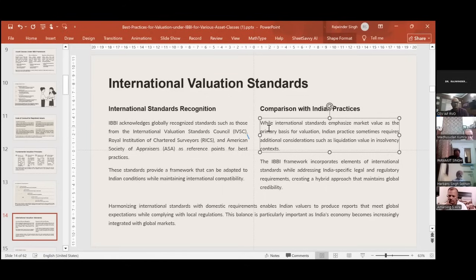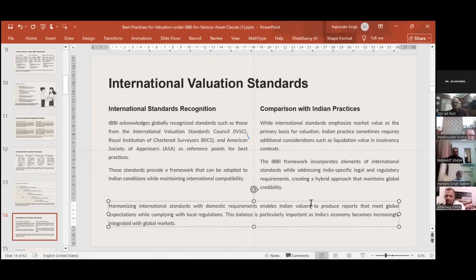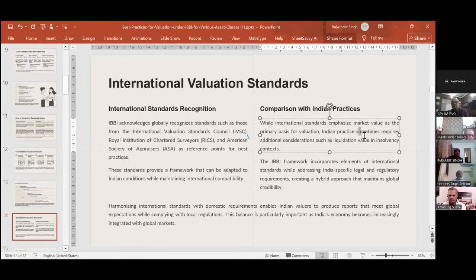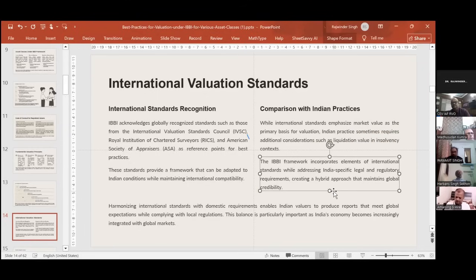While international standards emphasize market value as a primary basis for valuation, Indian practice sometimes requires additional consideration, such as when you are doing valuation for IBBI, you may have to give liquidation value, as in the case of insolvency. So the IBBI framework incorporates elements of international standards while addressing Indian specific legal and regulatory requirements, creating a hybrid approach that maintains global credibility.